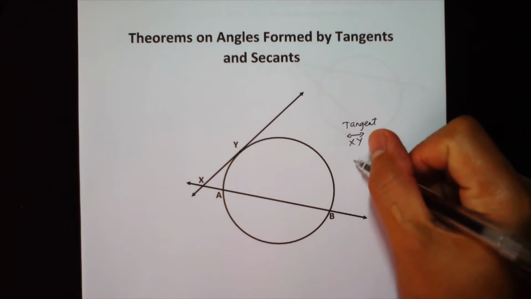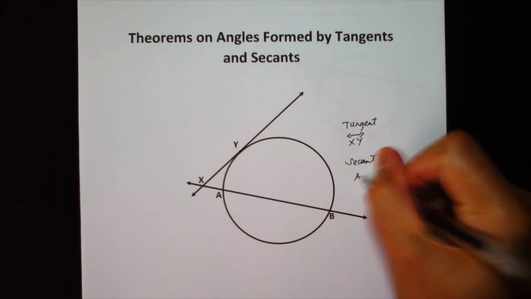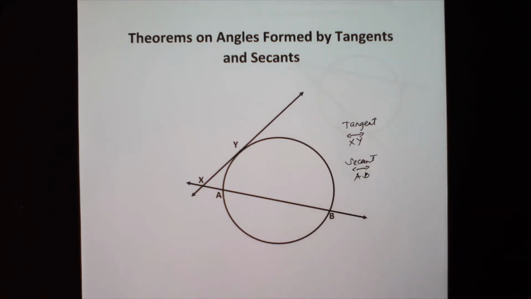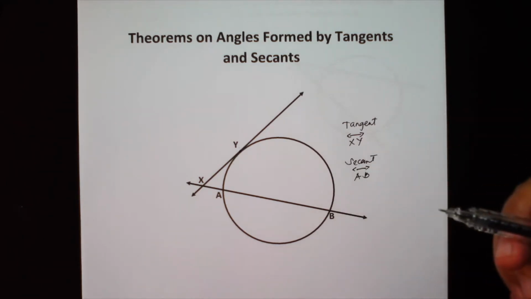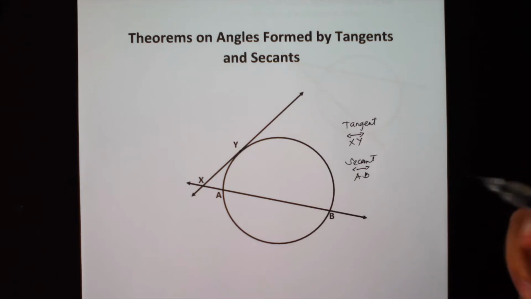So we have the secant here, line AB. Can you follow? So remember these two geometric figures because this is very important as the lesson goes on.